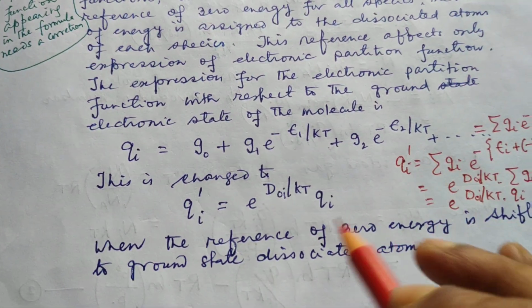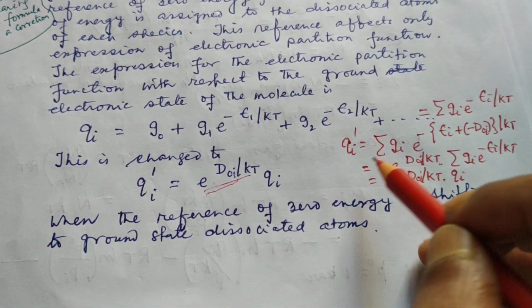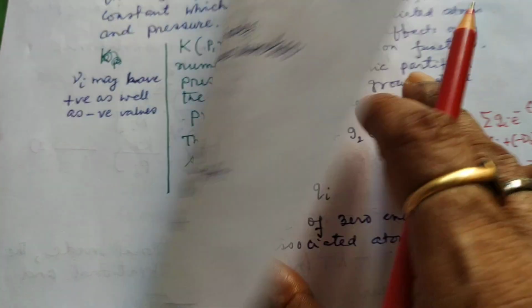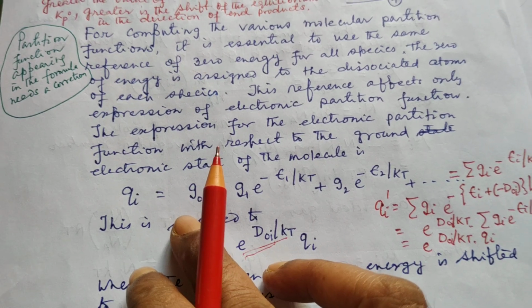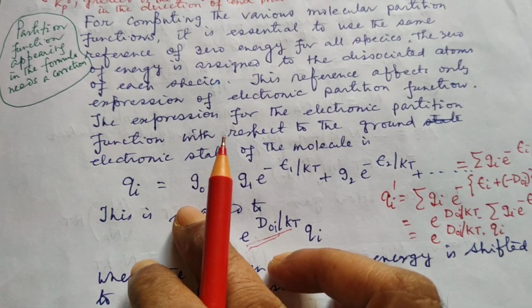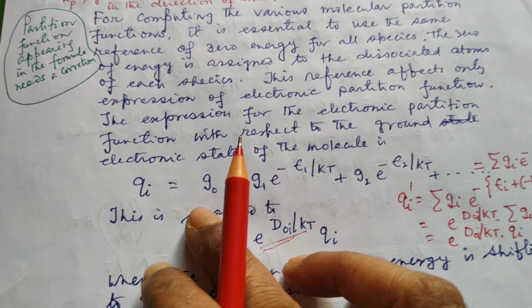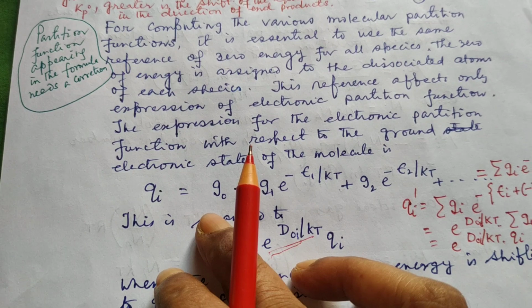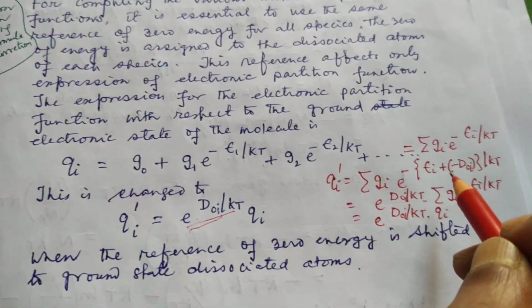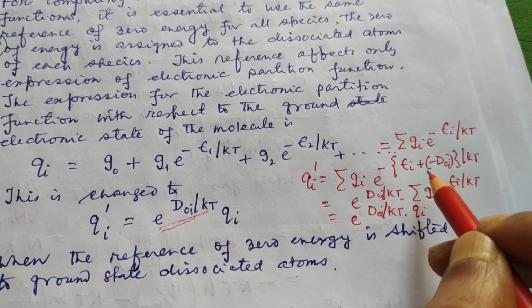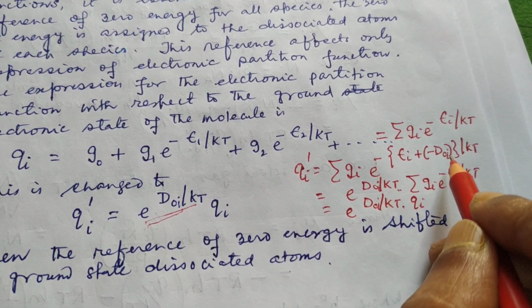Now how does this term come here? For Qi dot we have to put an additional term, which is the dissociation energy of each species, D0i.